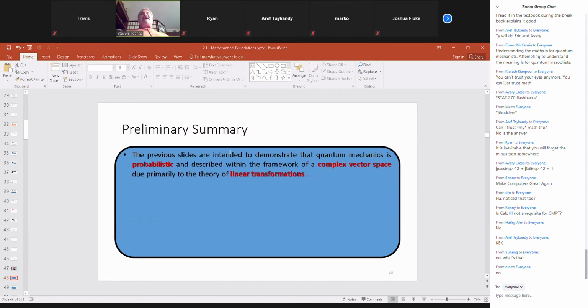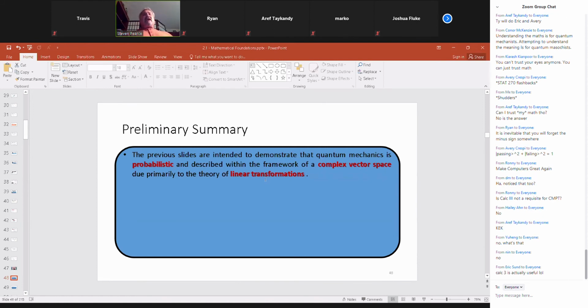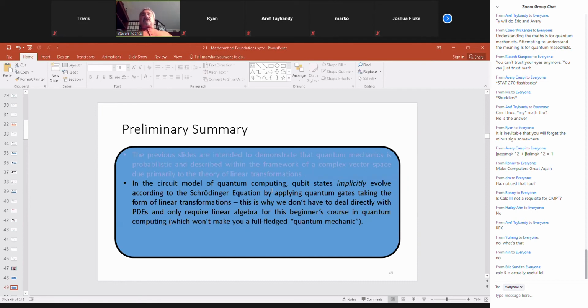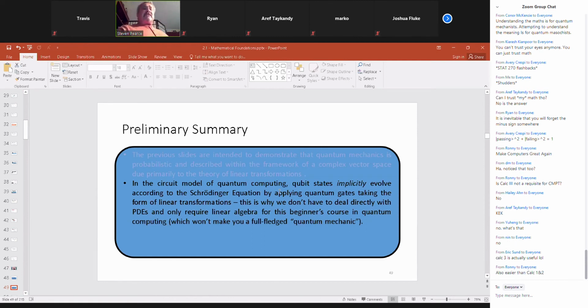So the previous slides are intended to demonstrate that quantum mechanics is probabilistic and described within the framework of a complex vector space so that we can produce a very simple linear transformation structure. In the circuit model of quantum computing, that's the first generation model view of looking at it, which in fact is equivalent to a quantum Turing machine.